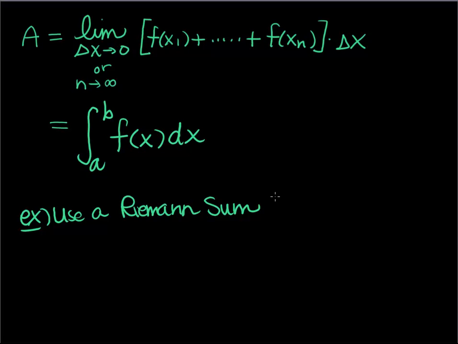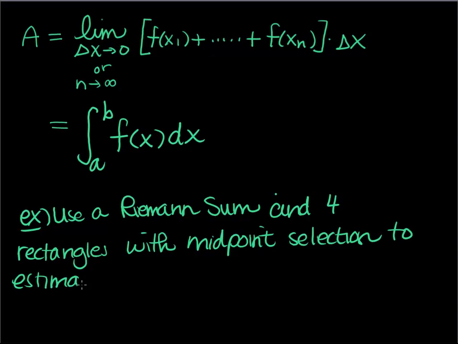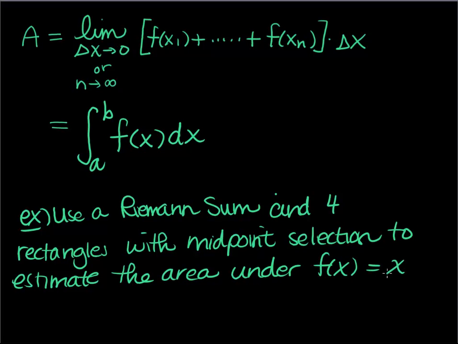So: use a Riemann sum and 4 rectangles with midpoint selection to estimate the area under f of x equals x squared over the interval -2 to 2.